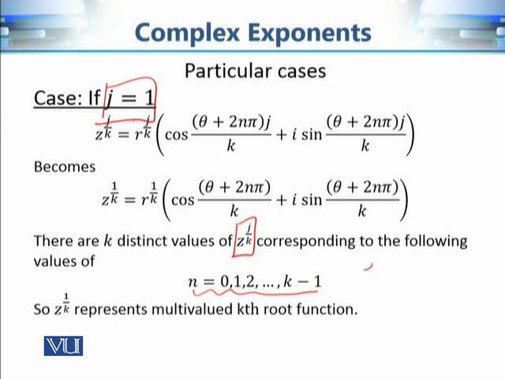Now if we consider the function f of z equal to z raised to power 1 over k, then for each input z, the outputs are going to be k. So it is once again a multi-valued function with k outputs, and of course this is compatible with our calculations when we calculated the kth roots of any complex number.